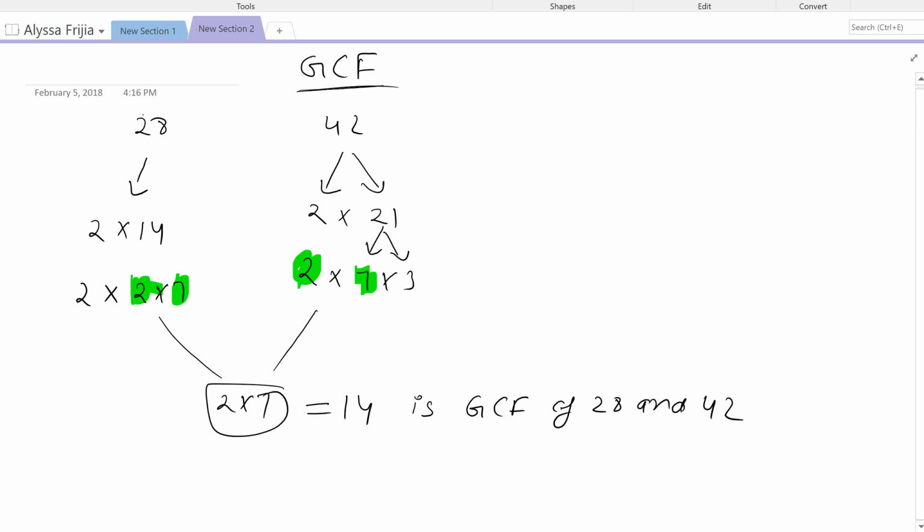Now, I want to put emphasis on this. 2 is a common factor of both of them, right? 7 is a common factor. And we are looking for the largest, and that is 14, because 14 is also a common factor of these two.